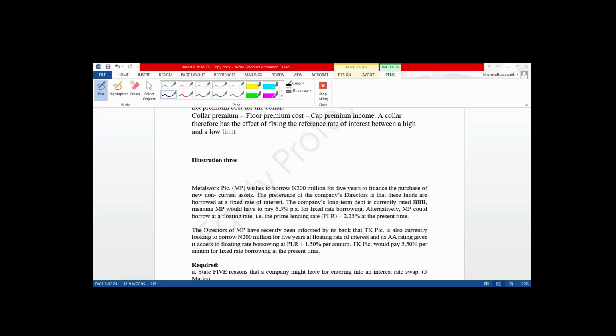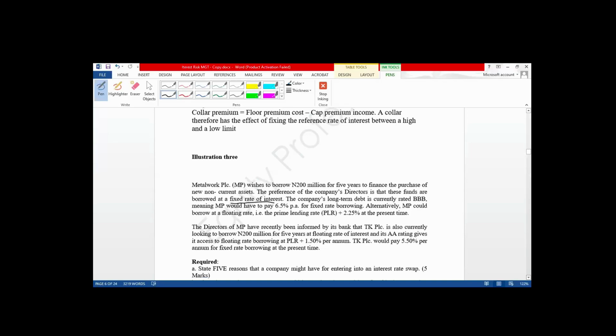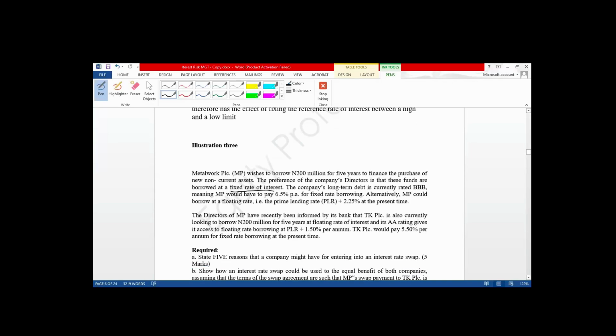The preference of the company's directors is that these funds are borrowed at a fixed rate. The company's long-term debt is currently rated BBB, meaning that MP will have to pay 6.5% for fixed rate borrowing.